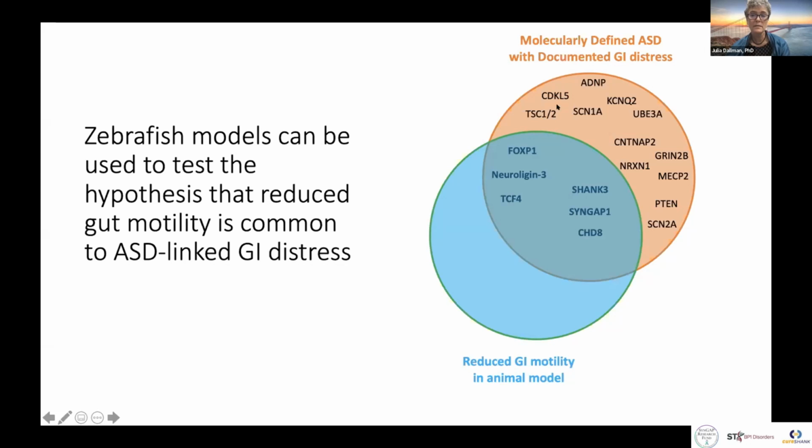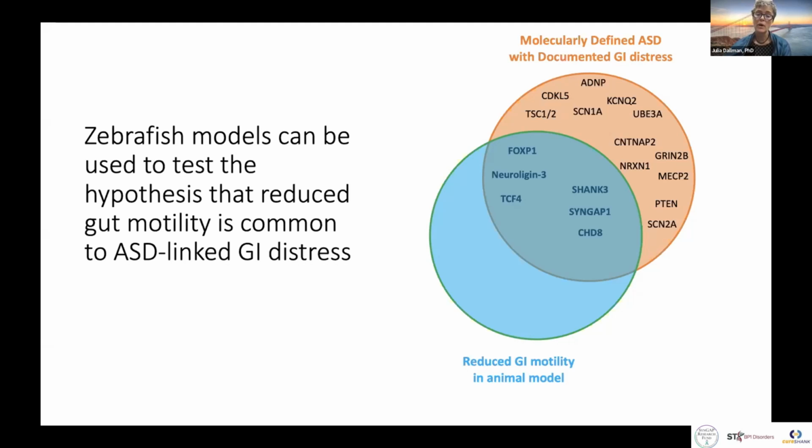Of these genetic forms of neurodevelopmental disorders, 6 of these forms have shown, in animal models, reduced motility, reduced movement in the GI tract. And that movement is critical to digestion and gut function because it's part of a reflex that when the gut senses nutrients, it induces these contractions, it induces mucus secretion and hormone secretion that aids in digestion, coordinates with the brain, coordinates behavior.